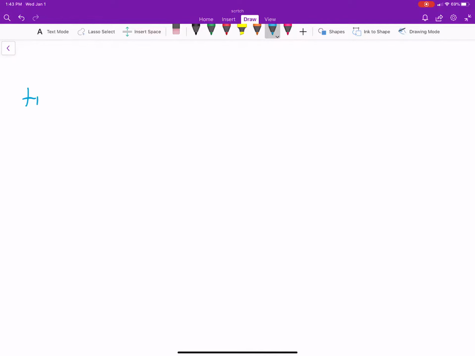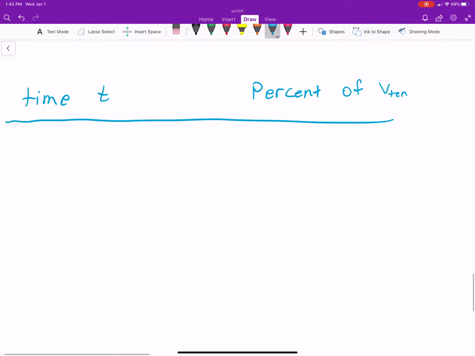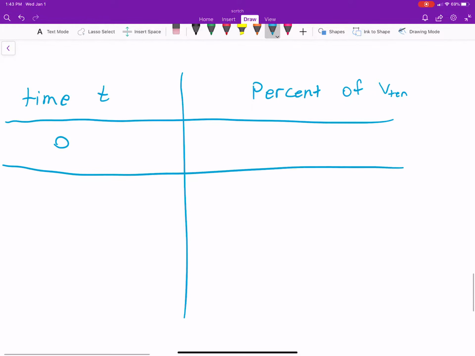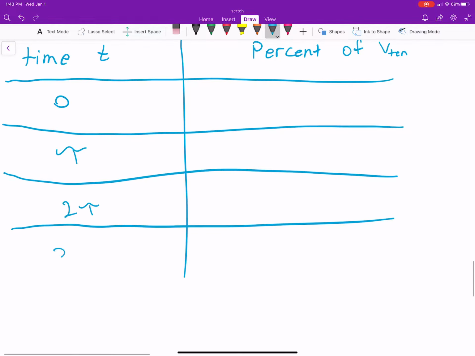So if we make a little chart here, time t in percent of V terminal, we could be at 0, tau, 2 tau, 3 tau. And you can plug these numbers in.